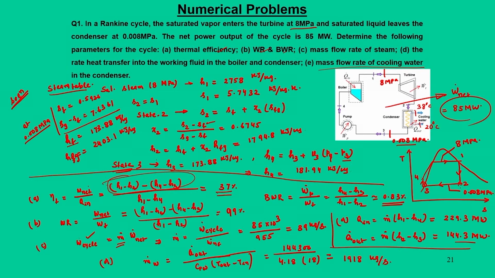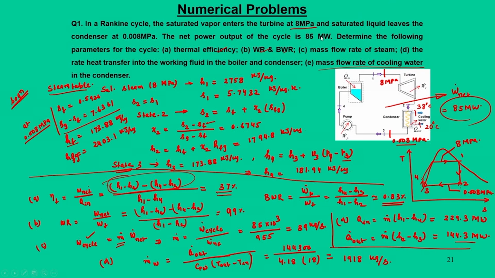So what it says is that the steam flow rate or working fluid flow rate should be 89 kg per second, whereas for this 89 kg we require cooling water of 1918 kg per second. Of course, this is a huge power plant producing 85 megawatt.